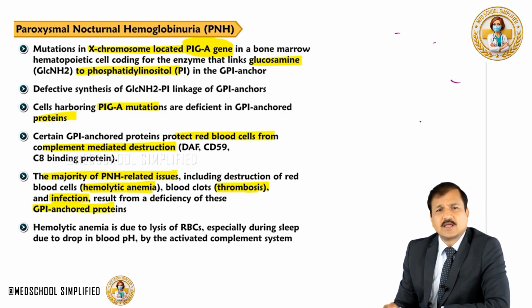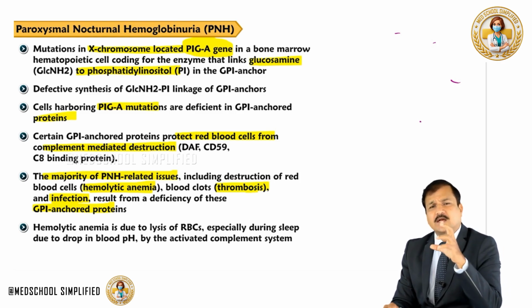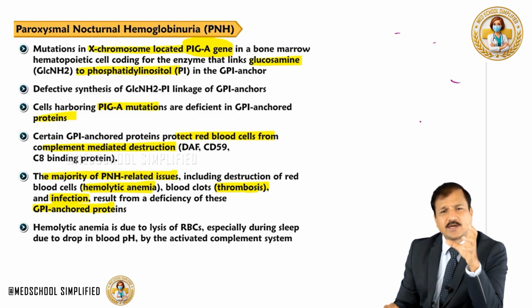Because the GPI anchored proteins will protect our cells and also give a protective mechanism for our body in a variety of ways. So not having these GPI anchored proteins over our cells will lead to abnormalities. It includes hemolytic anemia, thrombosis and risk of infection.